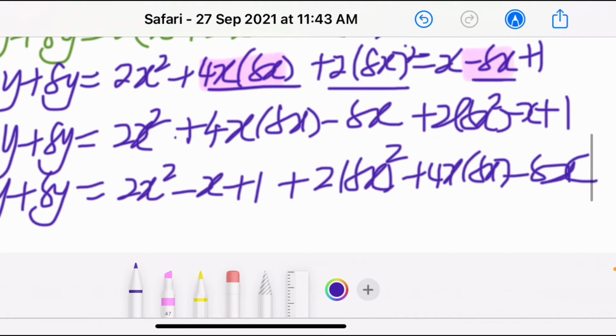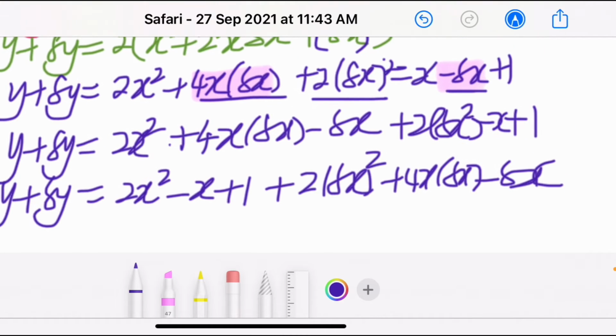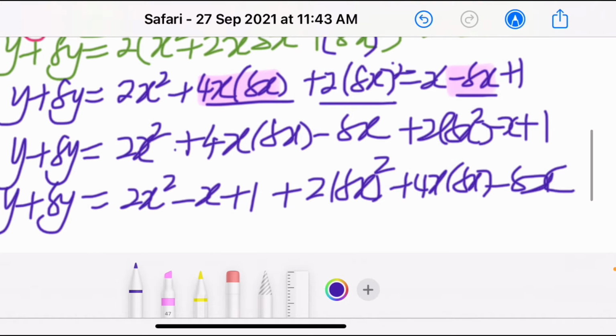Now if you look at that, you will notice that you can simplify further.